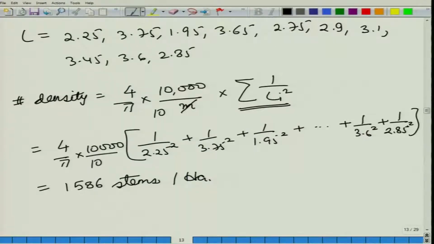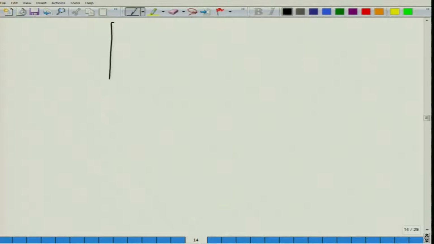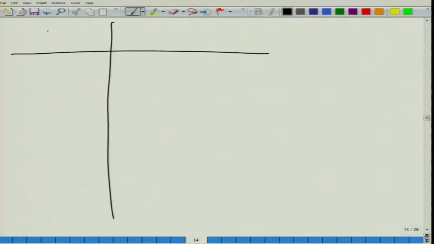Now, how do we do this large calculation on our sheet? What we can do is make a table of Li and 1 over Li square. So, we will have the values of 2.25, 3.75, 1.95 and so on.